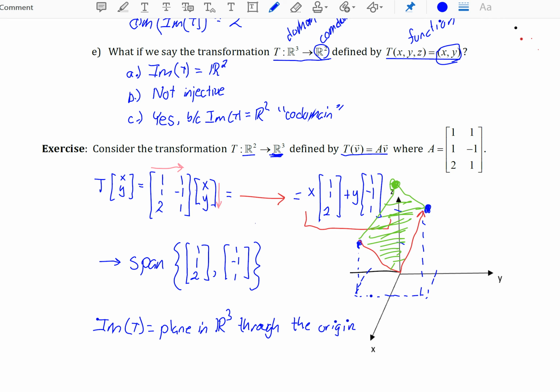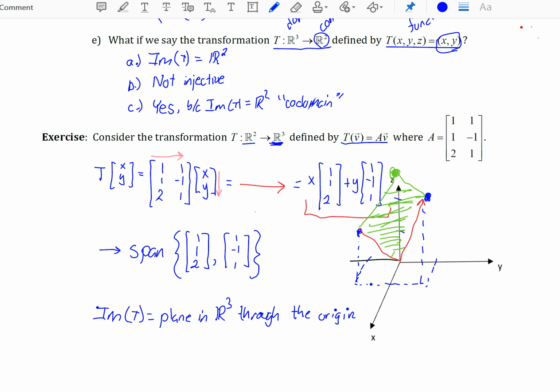However, if you've taken Calc 3, then you should recall how to describe the equation of this plane that's spanned by these two vectors. I'll leave it for you to consider that, and if you don't remember how to do that, you might want to review your notes from Calc 3 to remember how to find the equation of this plane. But for our class, I'm fine with you telling me it's a plane in R3 through the origin.